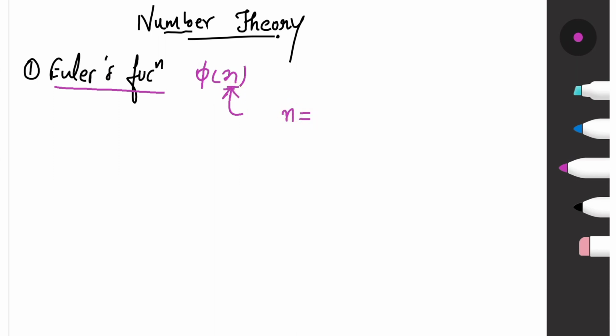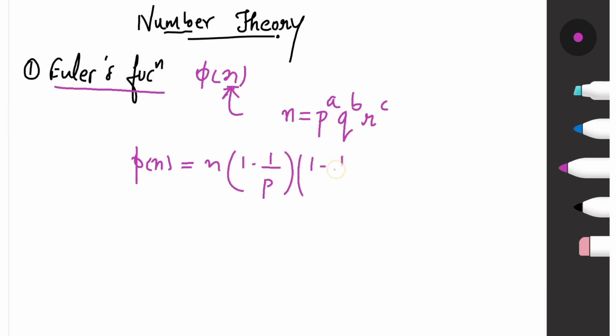Suppose we write n as p to the power a, q to the power b, r to the power c, and so on, where p, q, r are prime numbers and a, b, c are positive integers. So phi of n is equal to n times (1 minus 1 by p), (1 minus 1 by q), (1 minus 1 by r), and so on. Here the formula is independent of the powers which we have put on p, q, r.